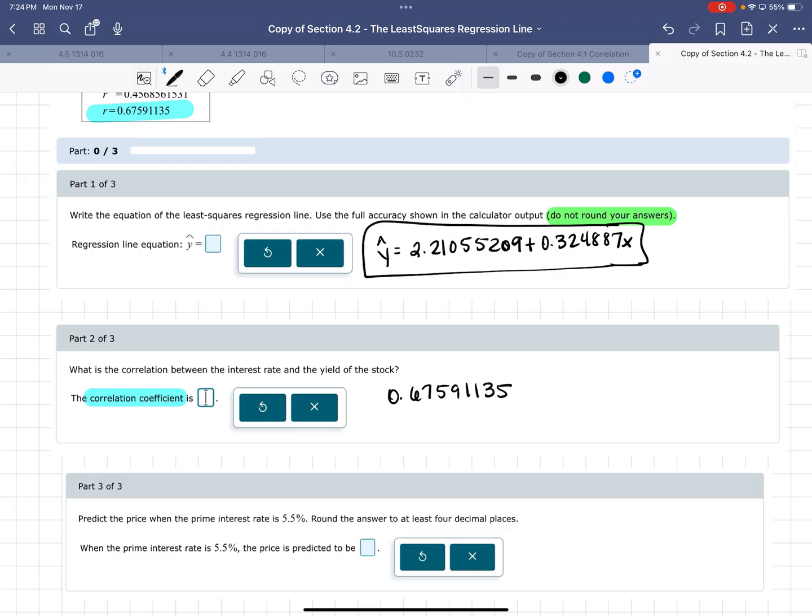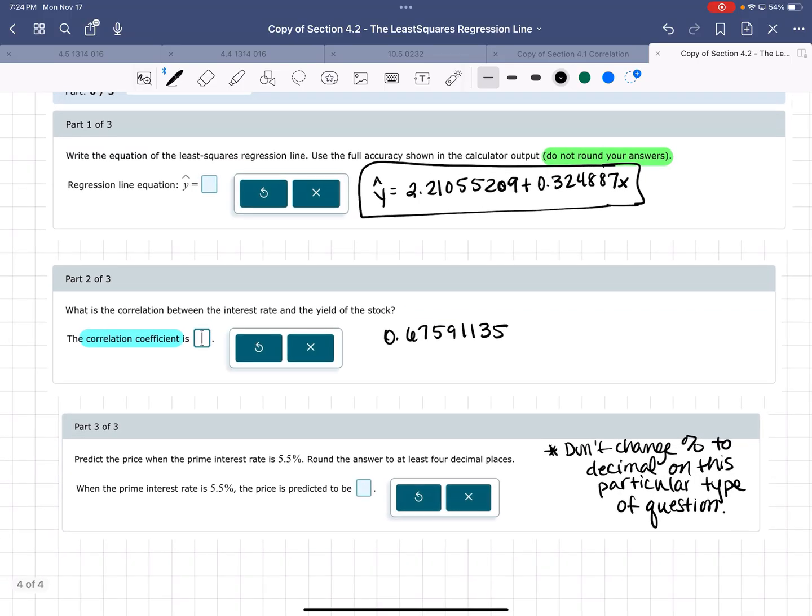So don't change percent to decimal on this particular type of question. It's just pretty much in this homework assignment in this section 4.2 on these questions.